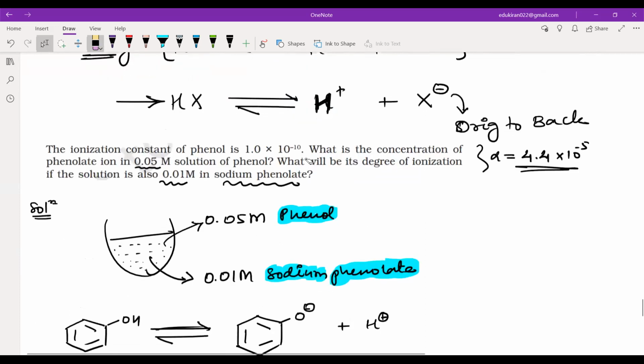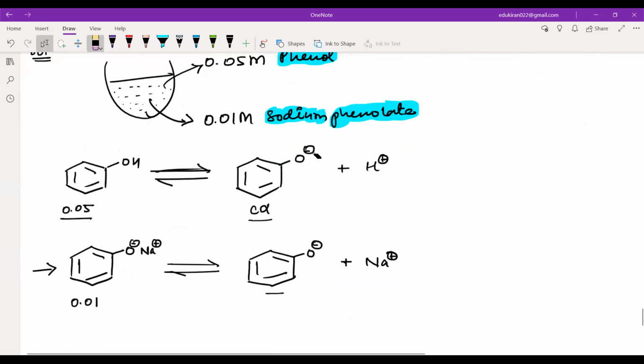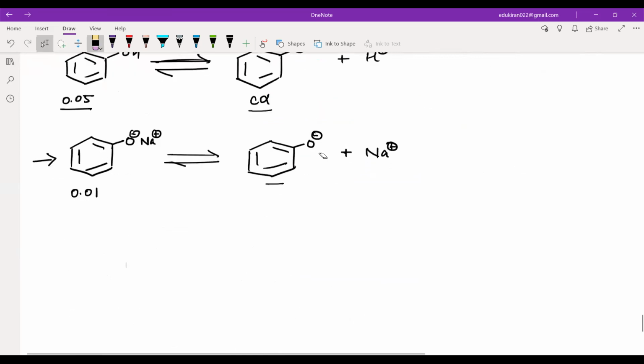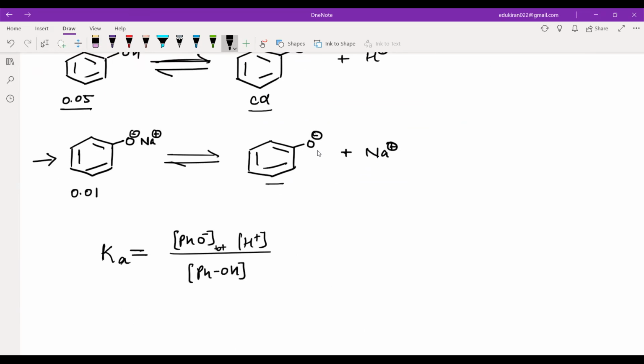Fine. So Ka will be equal to the total concentration of PhO negative into the concentration of H positive divided by the concentration of phenol, PhOH. Yes or no?